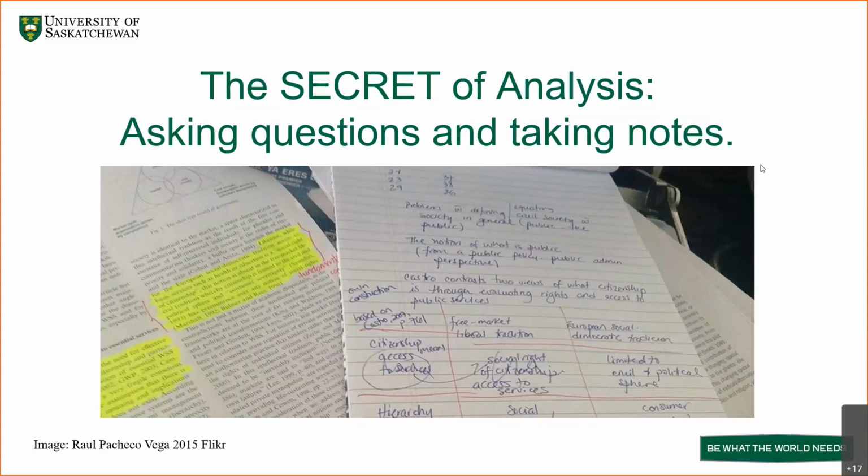But he also writes a lot on the process of doing research and he has all kinds of templates and really excellent guidelines around how to be a good researcher. And I can't recommend him enough. So you might want to write that down, Raul Pacheco Vega, and then go looking for him.